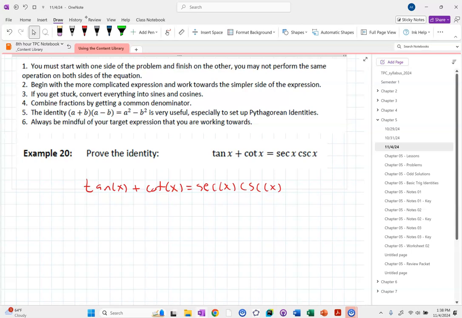So I'm probably going to start with an identity. If I look at my identities for tangent, I can say tangent is equal to 1 over cotangent. I can say tangent is equal to sine over cosine. Or I can say tangent is equal to secant over cosecant. Seems like that choice might be the best one because my final answer has secants and cosecants in it. So let's do that.